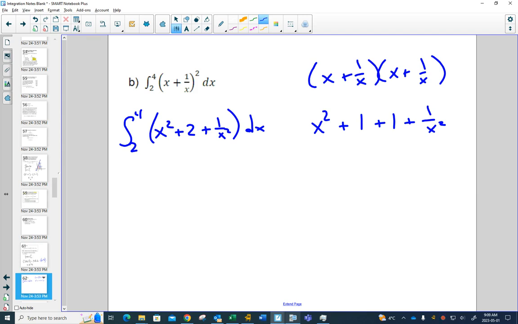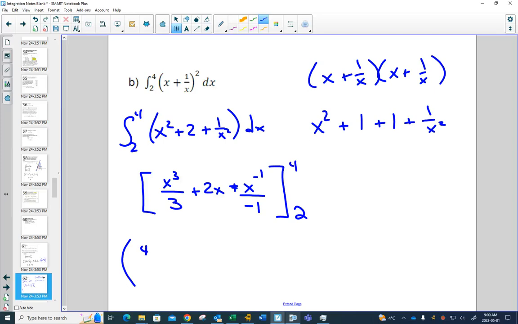We're going to get x cubed over 3 plus 2x minus, or I can write it as plus, add 1 to the exponent. So if I have an x to the minus 2, adding 1 would be an x to the minus 1 divided by that minus 1. And now we could plug in values.